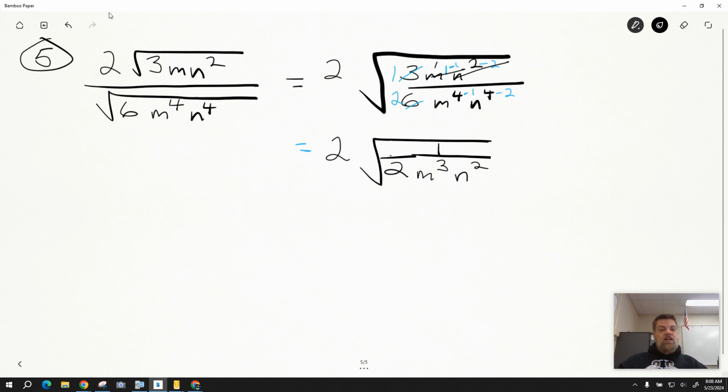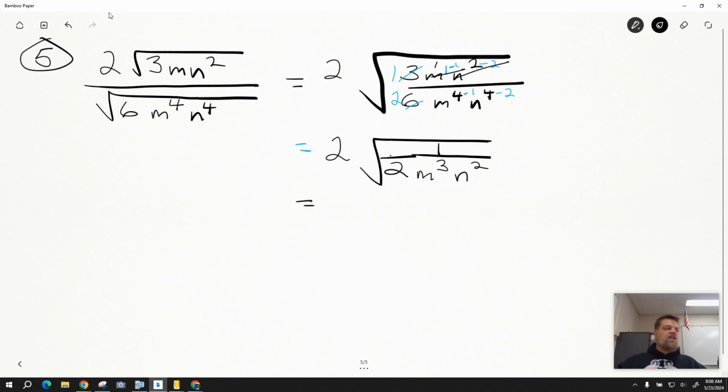Did I write everything down correctly? Yeah, I did. All right, so then there's a couple of ways to do this, but I should probably separate all these.